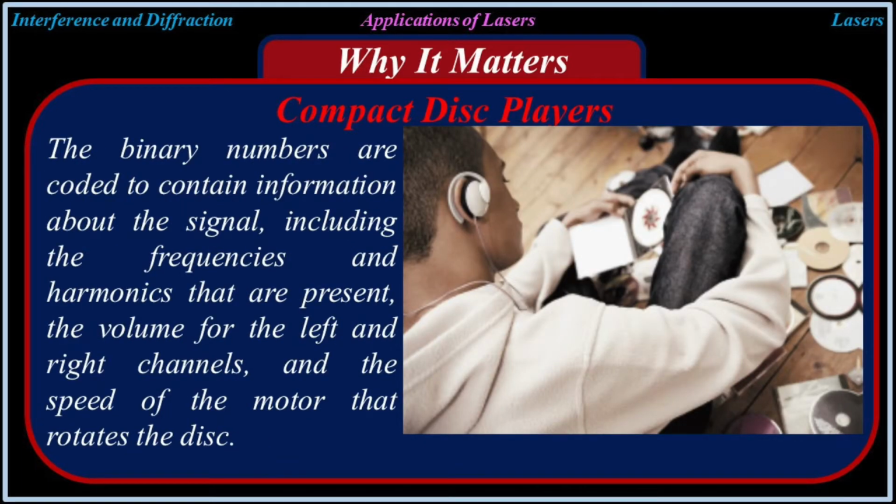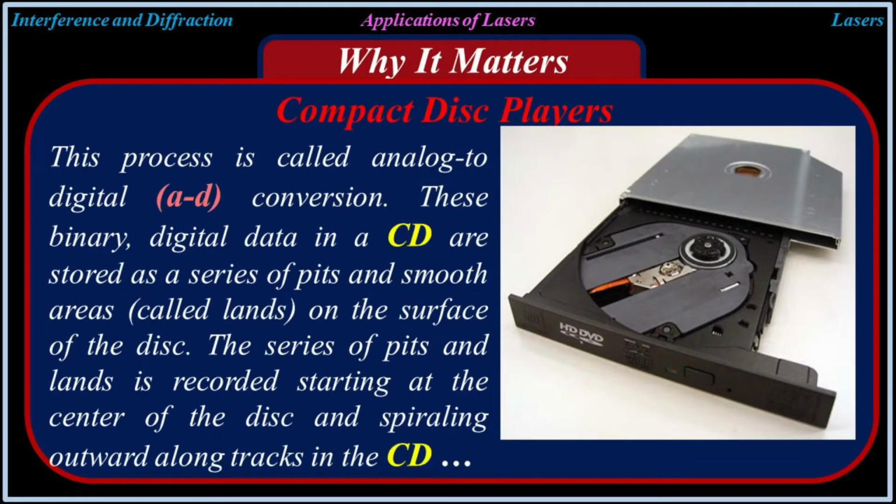The binary numbers are coded to contain information about the signal, including the frequencies and harmonics that are present, the volume for the left and right channels, and the speed of the motor that rotates the disc. This process is called analog to digital, or A to D conversion.